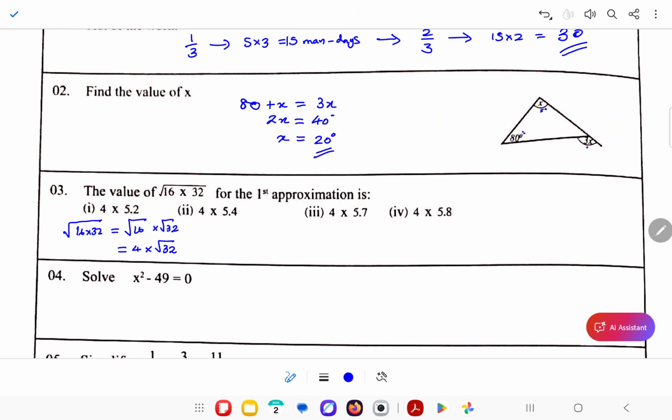So now we need to find the value that is going to be closest to 32 when you square 5.2, 5.4, and 5.7, like that. So square them and find the one that is closest to 32.